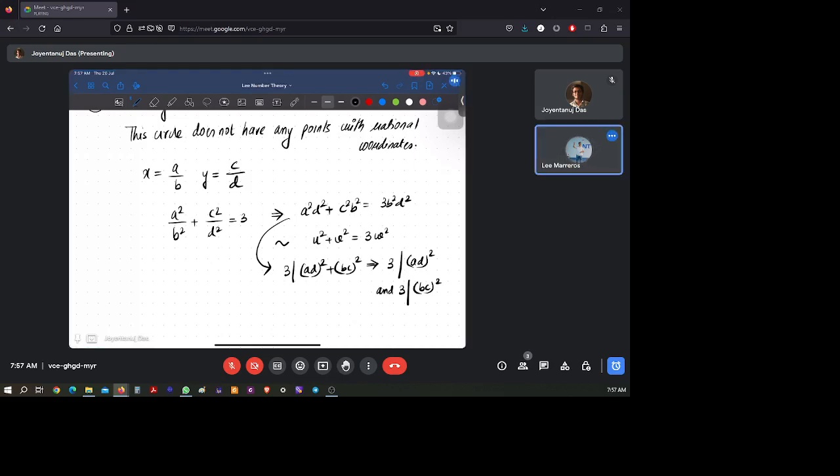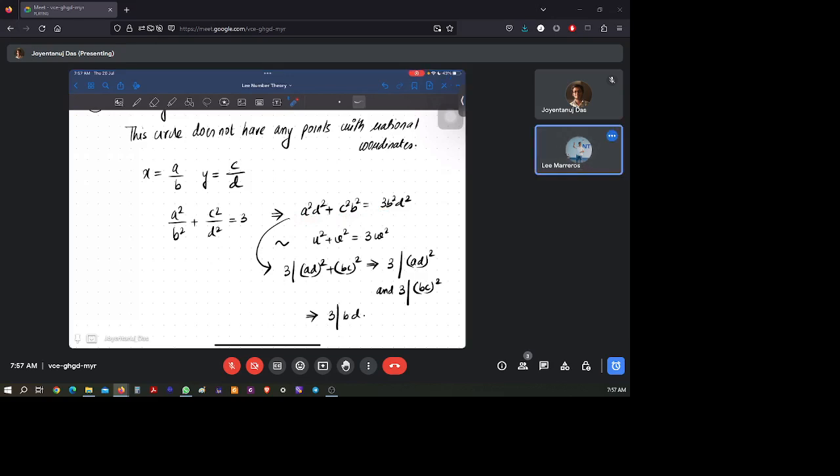From here, it implies that 3 also divides b d. Why? Because it is a square quantity, right?